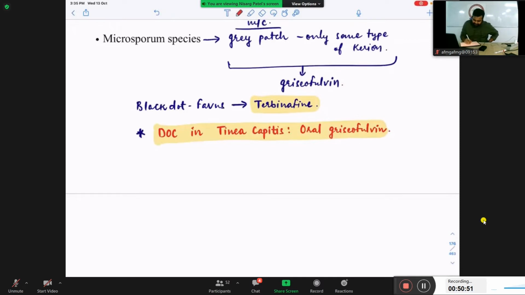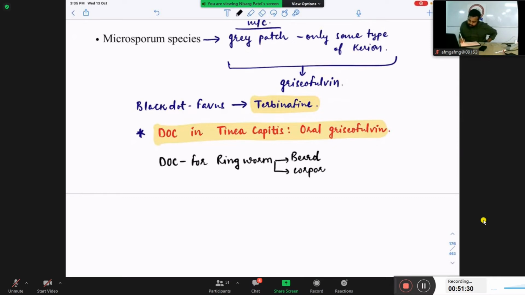Otherwise, in all tinea capitis, what is the drug of choice? For ringworm of the beard, which is tinea barbae, or ringworm cruris, what is tinea cruris?